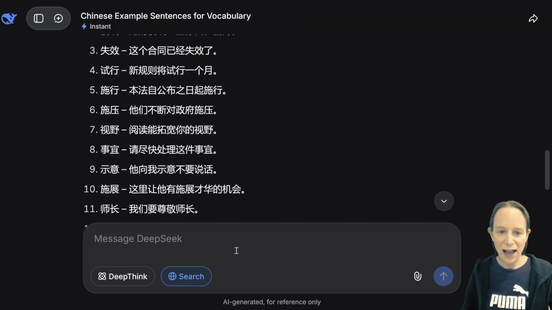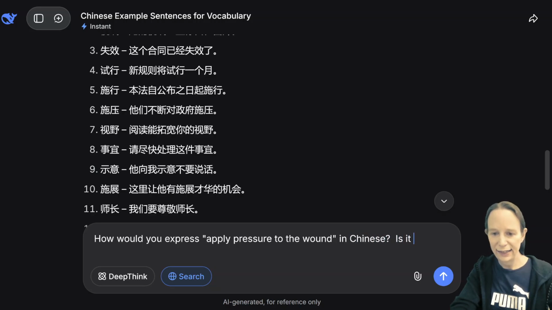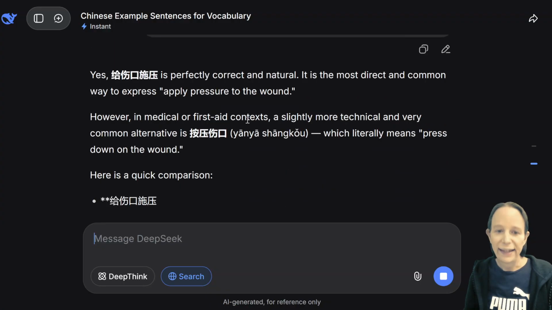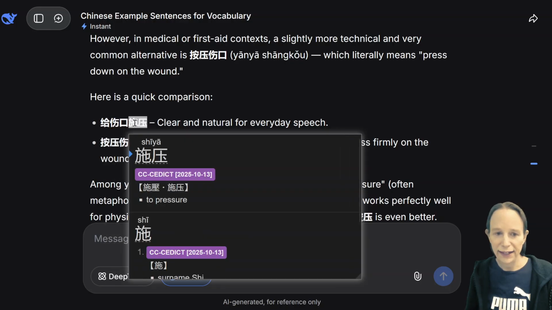Actually, let's ask the AI. How would you express apply pressure to the wound in Chinese? Is it 给伤口施压? So 伤口 is wound, 给伤口施压.